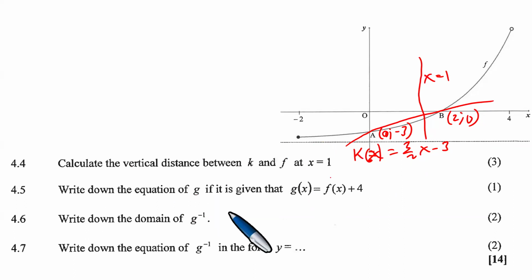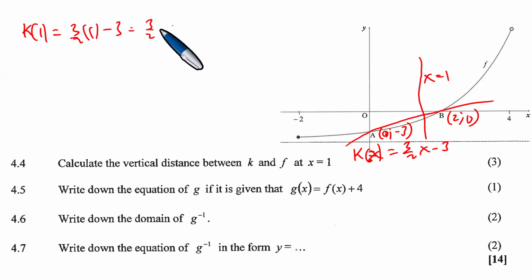If you want to find the vertical distance, we need to evaluate each function at the point. So we're going to find k at 1. We have 3 over 2 times 1 minus 3, which is 3 over 2 minus 3, and this is minus 3 over 2.